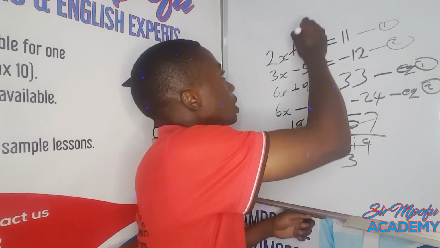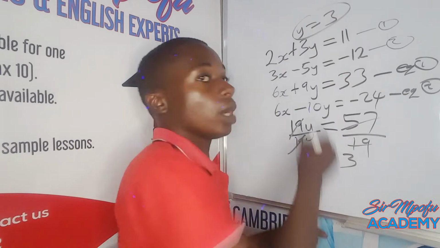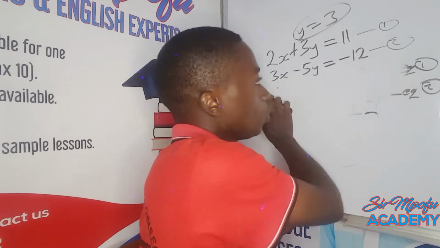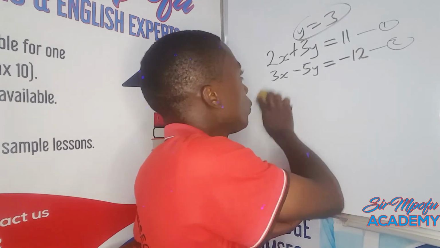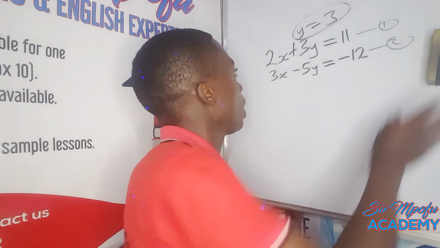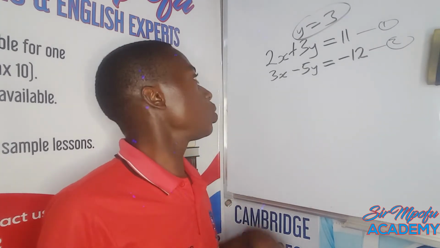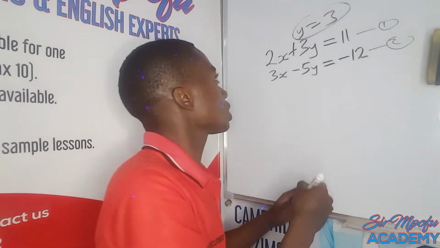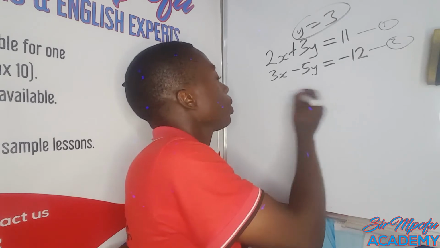Let me write it here, y equal to 3. We now have the value of y. And for us to get the value of x, we will need to substitute it in one of the equations. I usually advise you to use the equation that will be having small values. In this case, it's equation 1. Let us substitute y equal to 3 on equation 1.